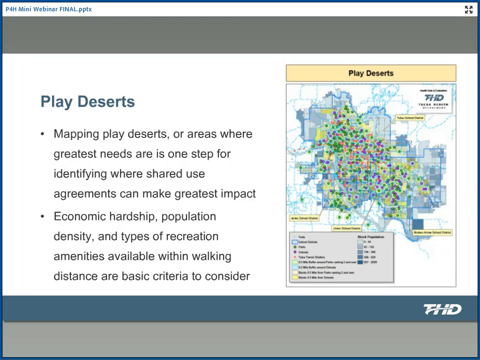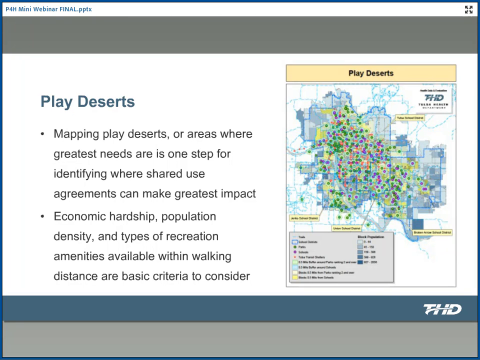So we try to find those schools that fill in areas where they don't necessarily have a park nearby. And economic hardship, population density, types of recreation amenities available within walking distance, they're all basic criteria to consider.